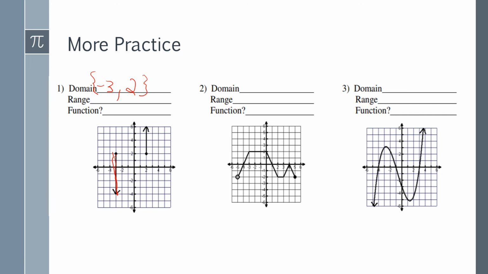Now, our range are all our y values. So what is the smallest y value that we're going to see? Remember, y values are our vertical values. And because of the arrows, that means that this graph goes on and on forever in a negative direction, so we represent that with -infinity. And how about on the other side?